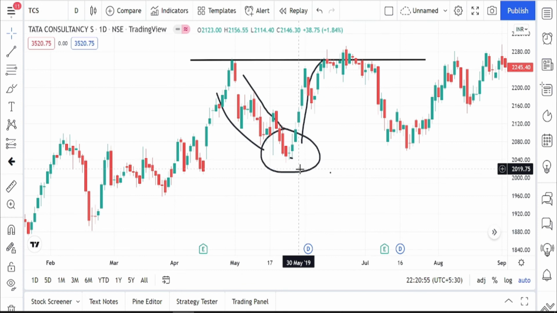But friends, as this pattern forms over three trading sessions, it gives more reliable information. Let us recall what we have discussed about the morning star pattern: candle C1 is a bearish candle which confirms the bearishness in the market, and candle C2, a doji or a spinning top candle, gives a signal that there is some indecision in the market, or a strong fight between buyers and sellers at that price point. And candle C3, friends, gives the strong signal in this pattern.